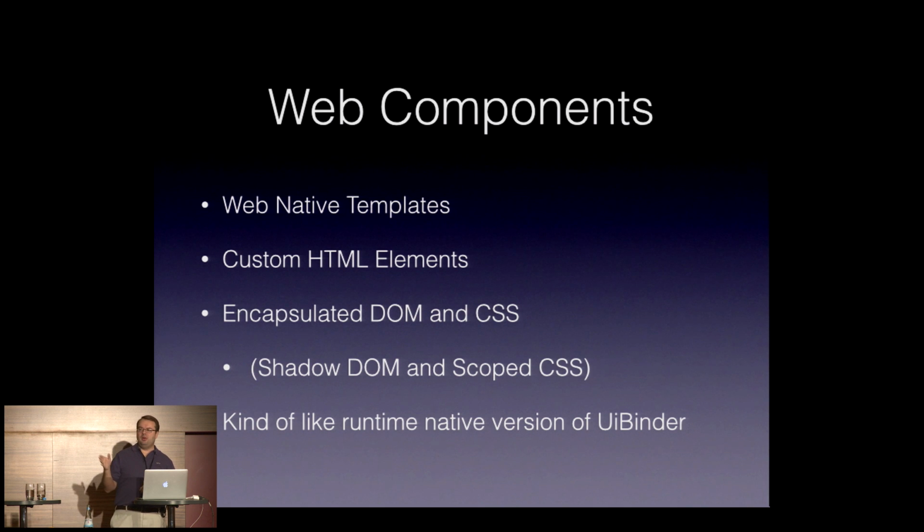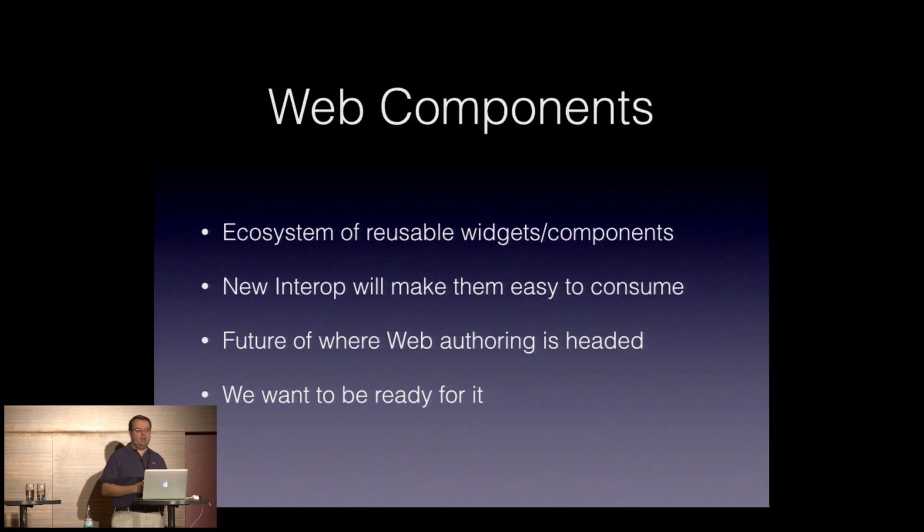The Glimpse into the Future presentation has an absolutely amazing example of this. What this is going to allow is an ecosystem of reusable widgets and components. You should be able to go out on the web in the future, maybe next year sometime, and find that date picker you want, or that map component, or that address validation form, and it looks really slick and hot.